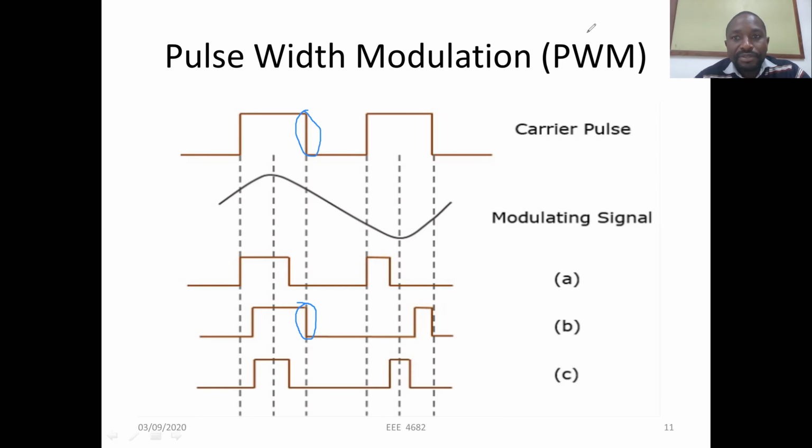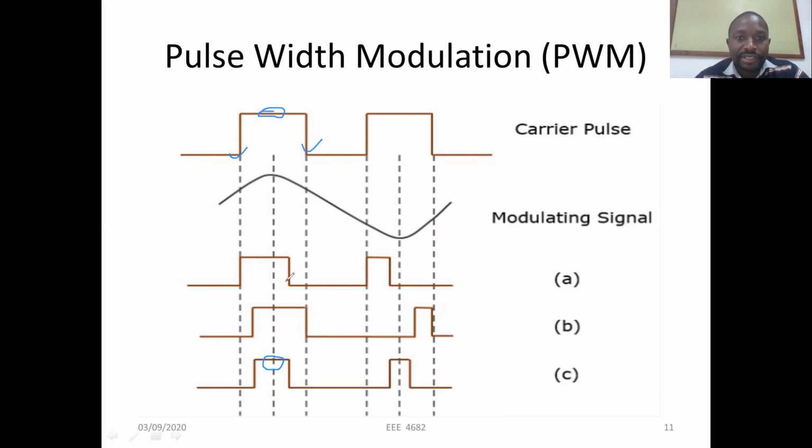Then the third possible output you can get is where you consider the center of the carrier. So basically you keep the center of the carrier constant as shown in this part, but what you're varying are the leading edge and trailing edge of your carrier.